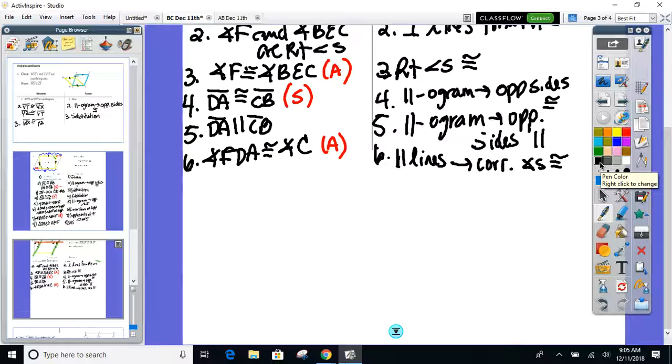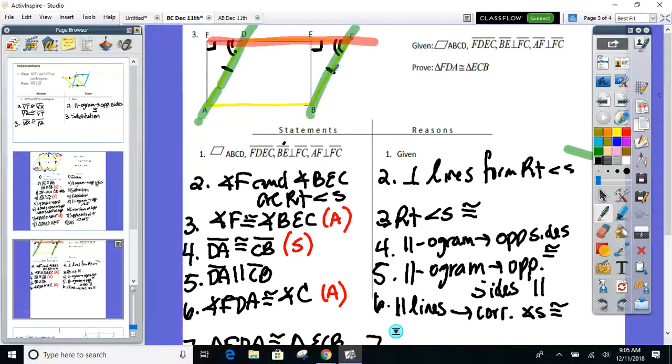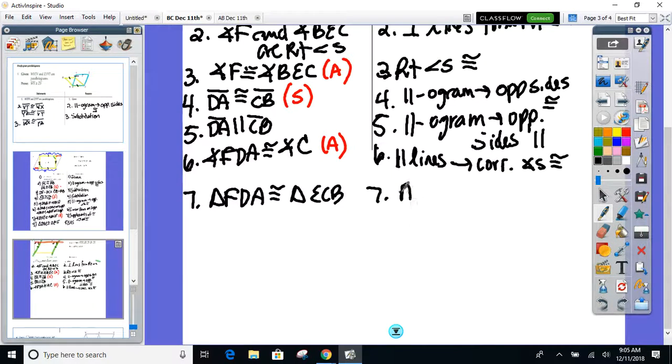Because it's going to be either angle, angle, side, or angle, side, angle. So triangle FDA congruent to triangle ECB. Side in the middle or not? Absolutely not. So what method to prove these two triangles? Angle, angle, side. Corresponding angles.